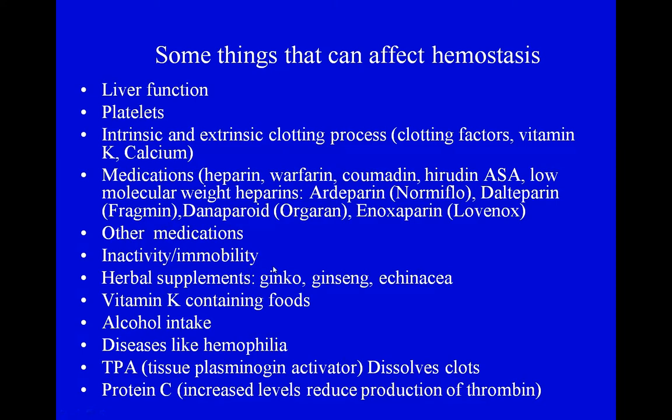But we think about that. What if we have patients who are paralyzed and they can't move or they're critically ill? So we've started recently, if you're a patient who's critically ill, who does not already have bleeding issues, like you haven't had a whole lot of trauma, we want to give you a medication that will make it less likely for you to clot because you're inactive or immobile. So we give you low molecular weight heparins. The low molecular weight heparins are associated with less risk and need less monitoring than medications like heparin, warfarin, Coumadin.